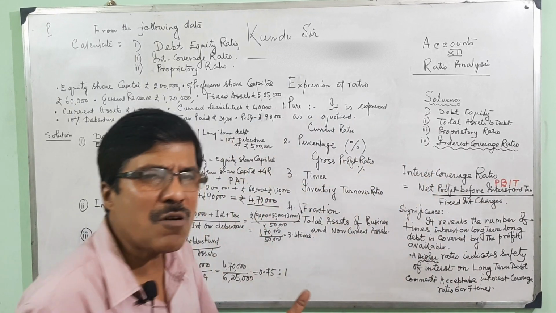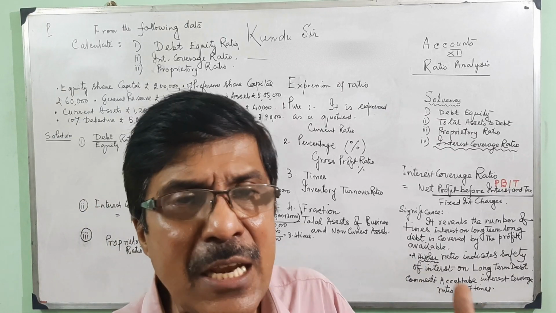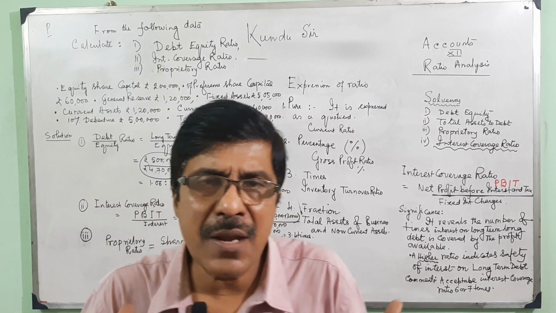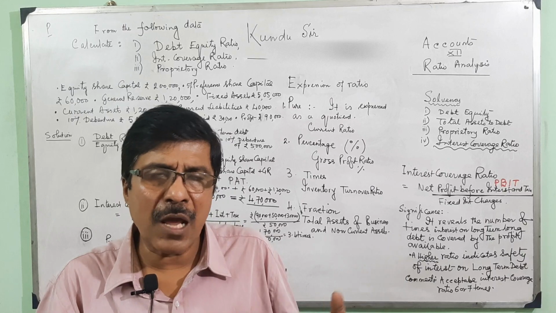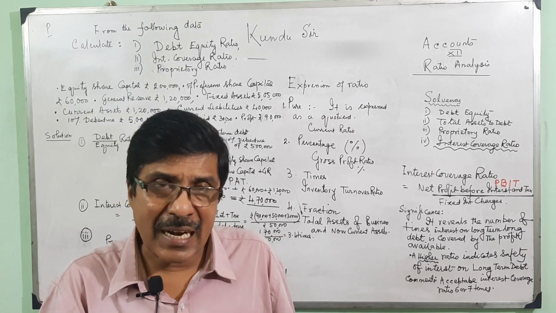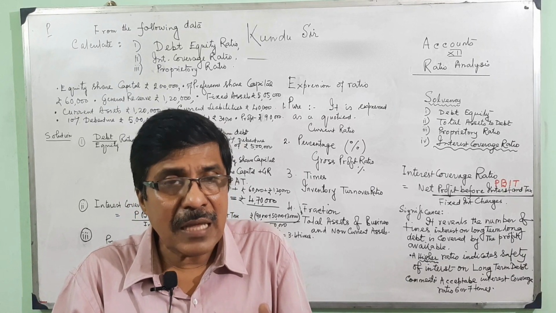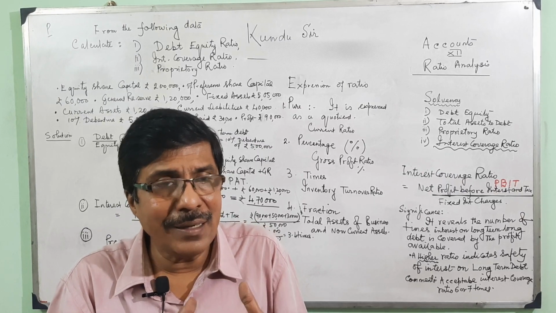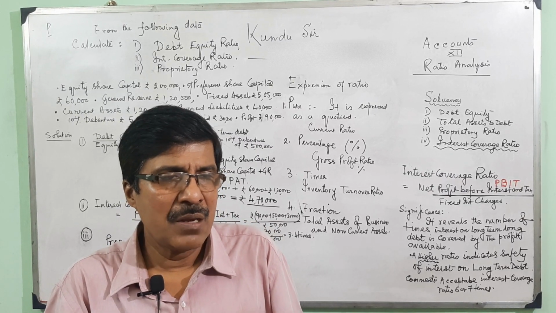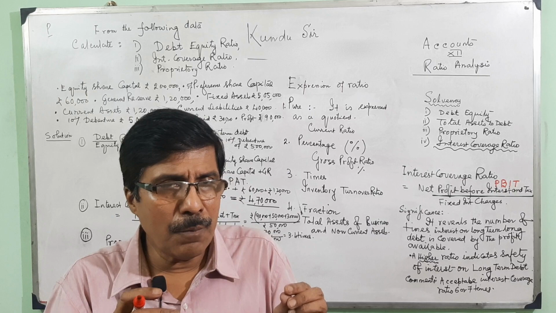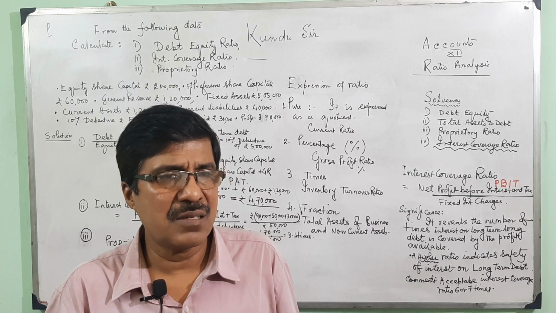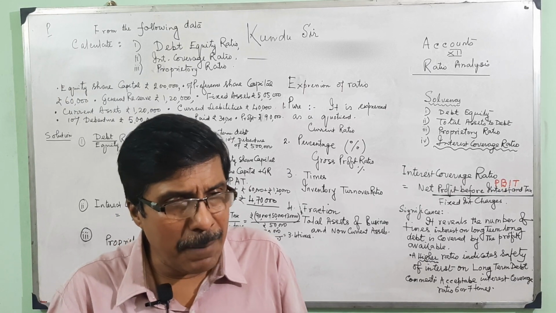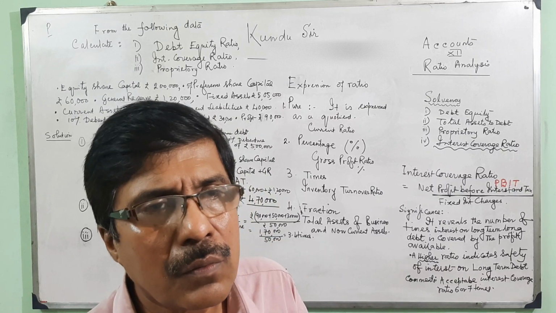So what is the importance of this? If I take any loan, I have to pay interest, and thereafter we have to repay the entire amount. First, we have to judge the ability to pay the interest: whether the company is able to pay the interest or not.